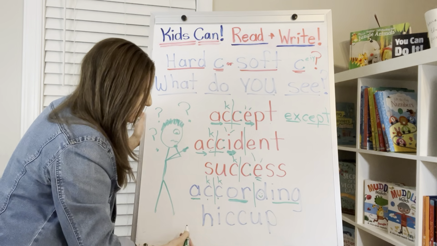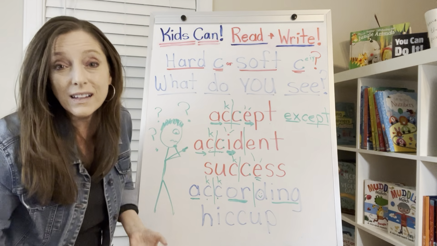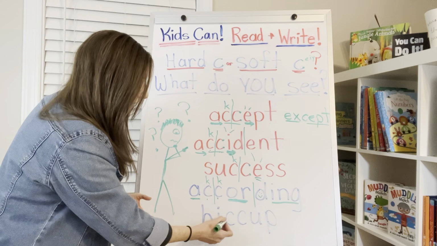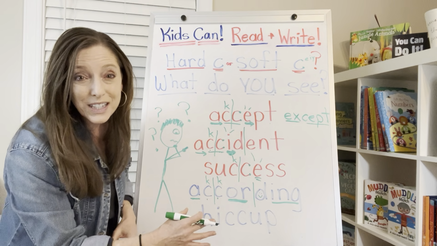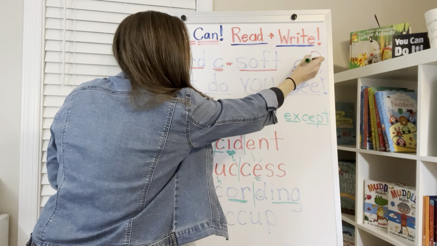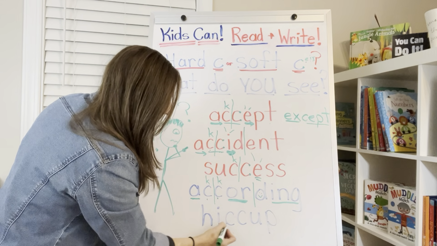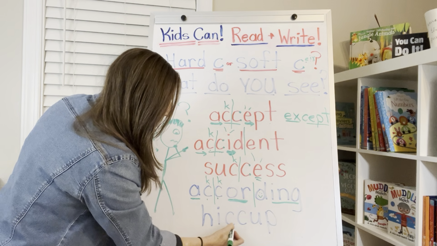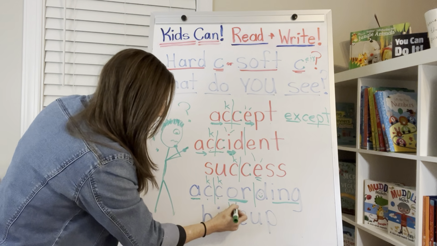Now let's look at this one. Notice there's an I here, and this confuses a lot of people because they think, oh, an I is touching the C. But remember, it's not if the I touches the C, it's if the C touches an E, I, or a Y with his arms. So in this case, who's the C touching? Another C. That's going to be the K sound.